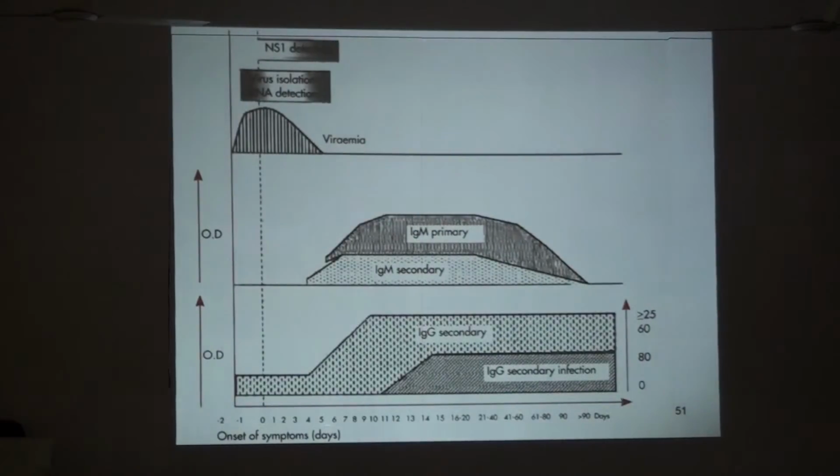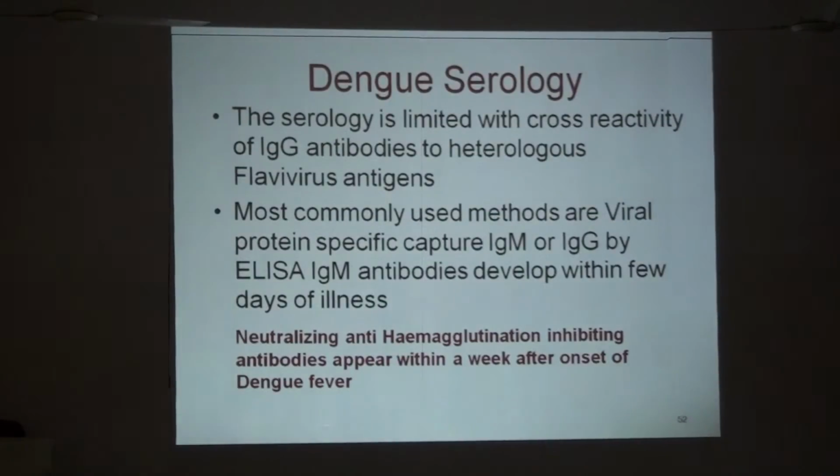So it is very difficult to differentiate primary and secondary infection via antibody detection, because serology has limited value due to cross reactivity of the IgG antibody to other flavivirus antigens.